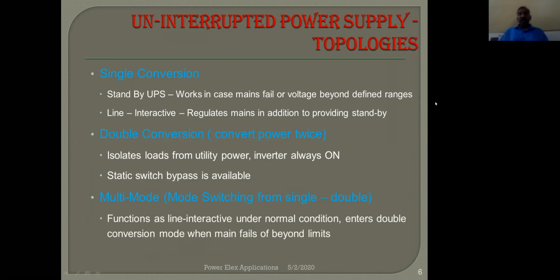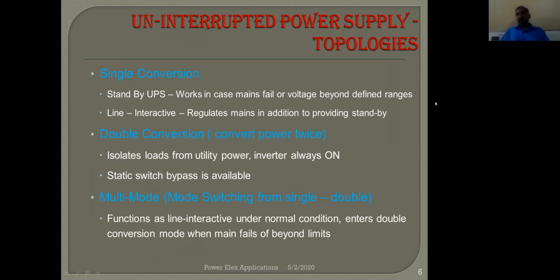So multi-mode functions as line interactive under normal conditions, which means it will provide backup and regulate the mains. But when it finds that the situation is beyond control, like a brownout or mains failure, or we can say clean power is not available, it moves to double conversion mode and uses a DC link for supplying the load.